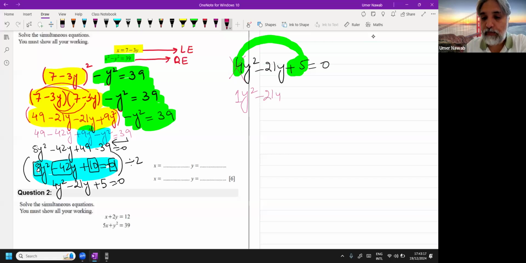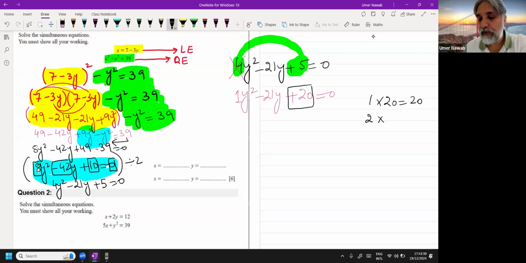Negative 21y will be copied as it is. And 5 multiplied with 4 gives you 20. Bravo. After writing this, you need to focus on the last number 20. Now, what are the possible factorizations of 20? Let us do that. 1 times 20 is 20.